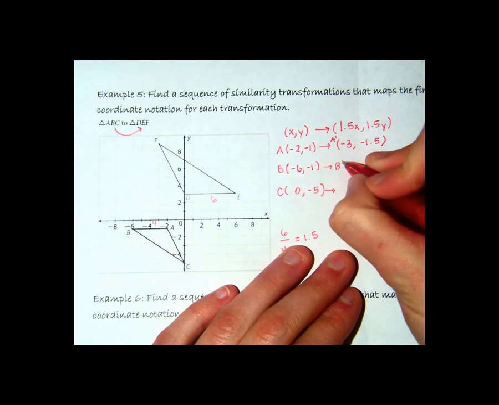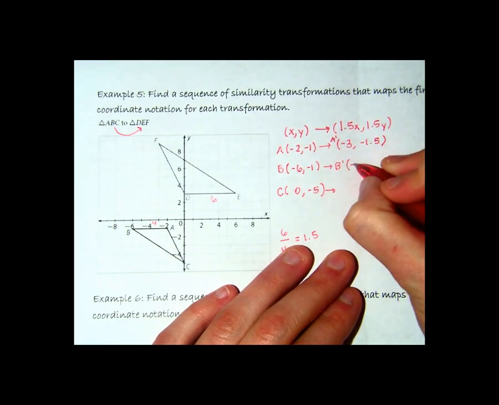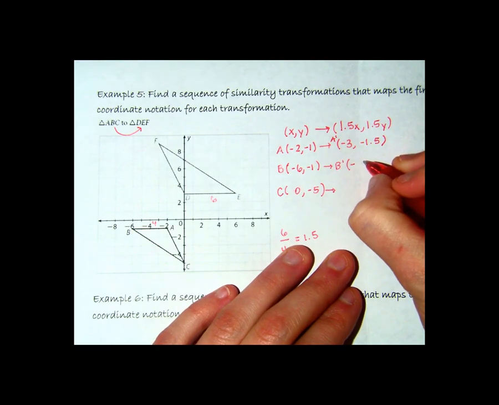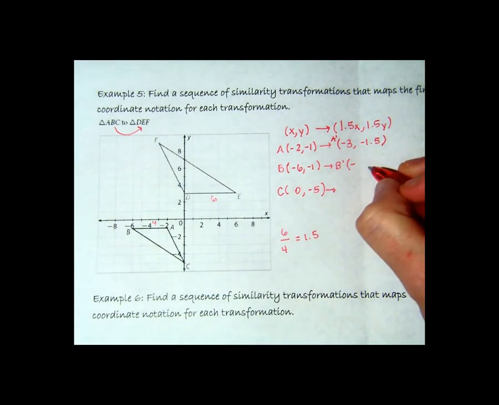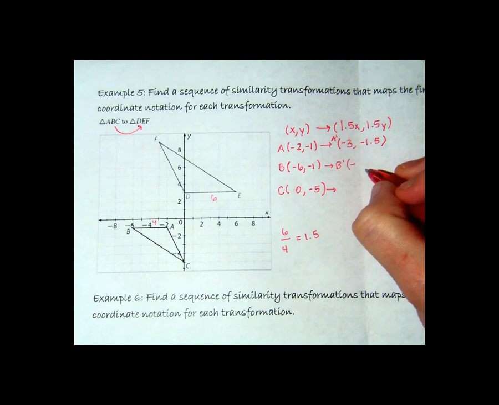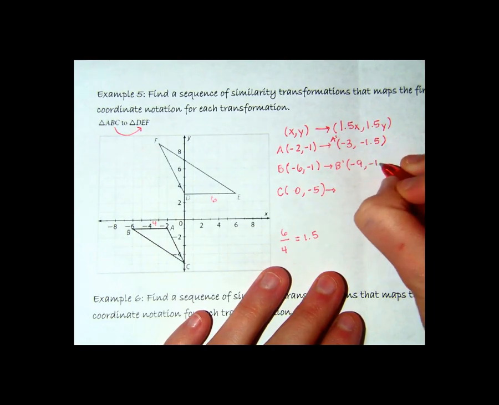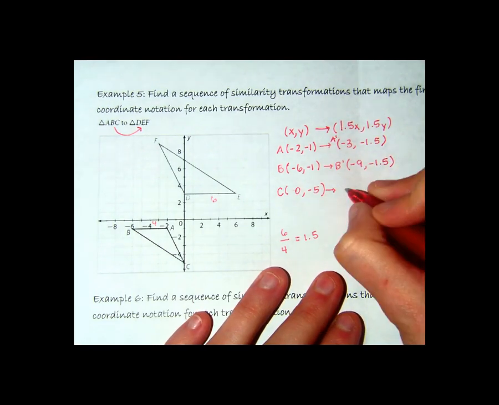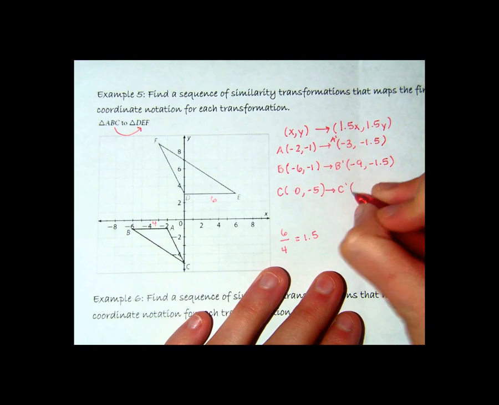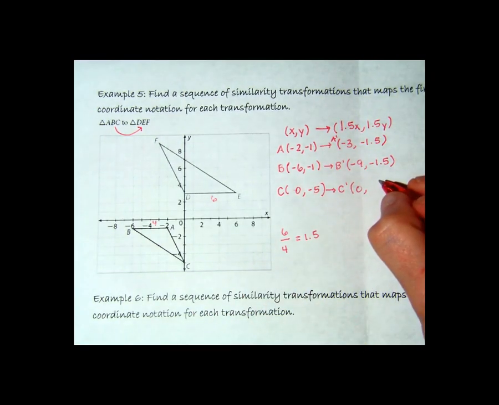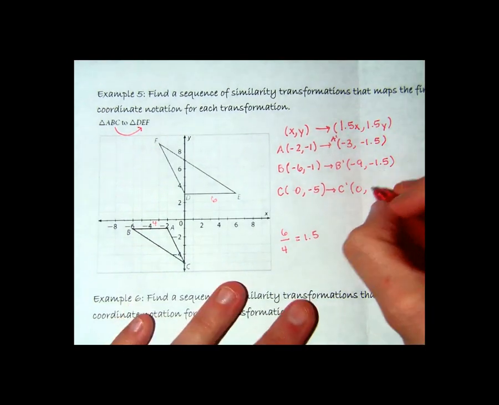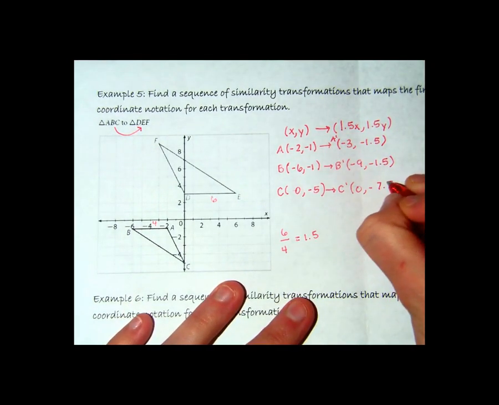B prime is -9, -1.5. And C prime is 0, -7.5.